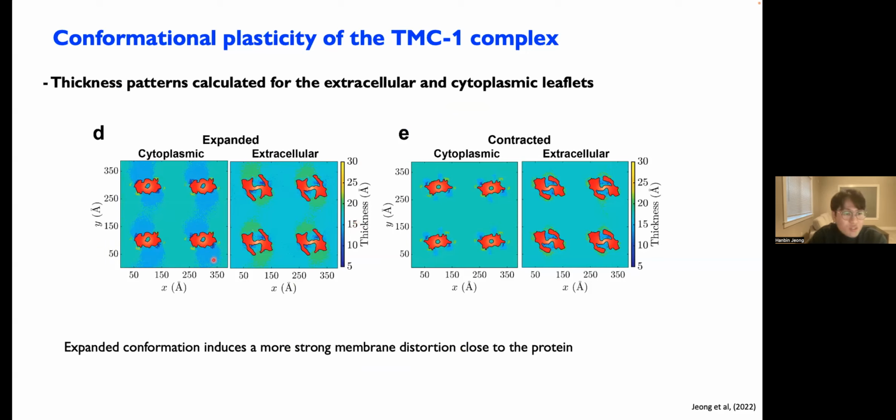As you can see, the expanded conformation induces stronger membrane thinning or thickening close to the protein. As a result, it makes a longer-range membrane deformation pattern, around 50 angstrom away from the protein. However, the contracted conformation does not make such membrane deformation patterns.